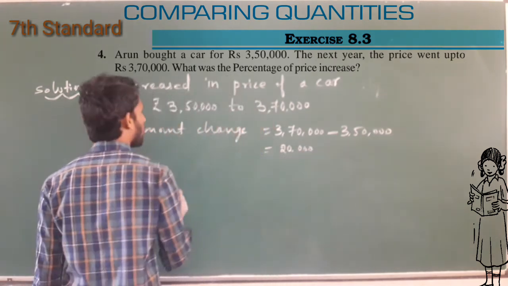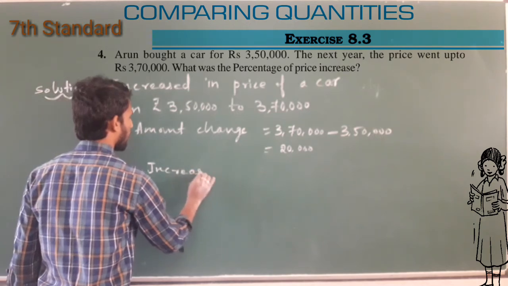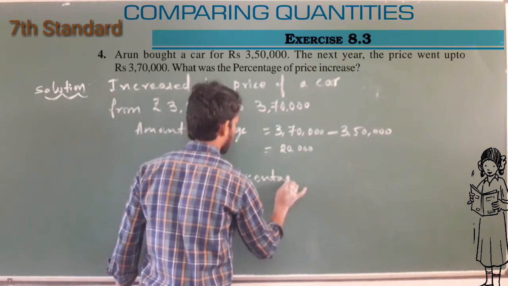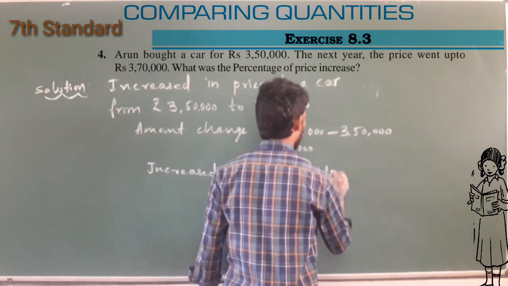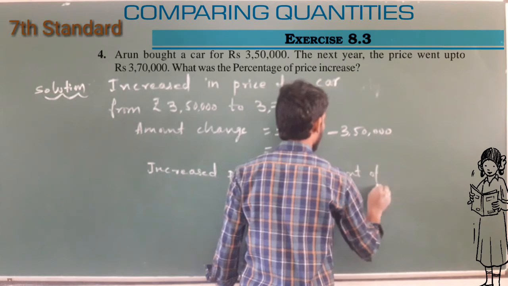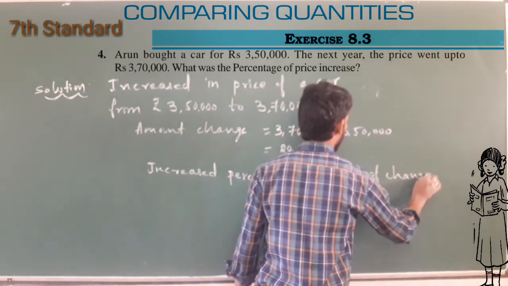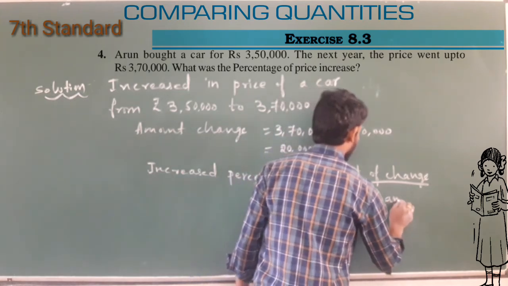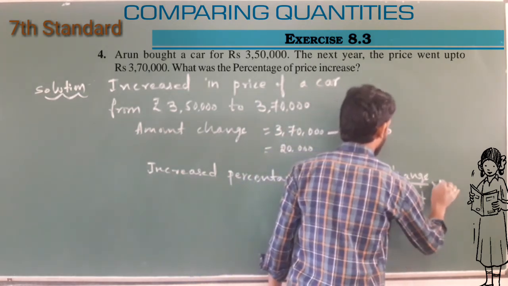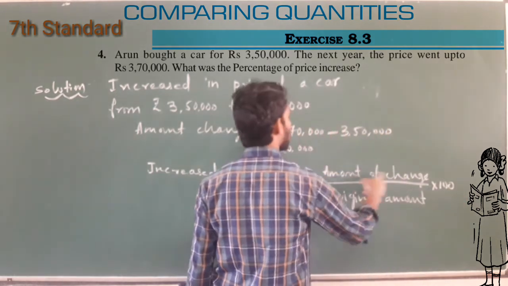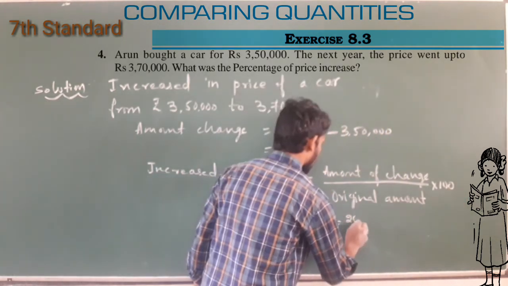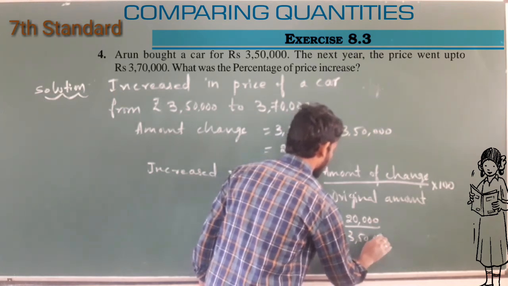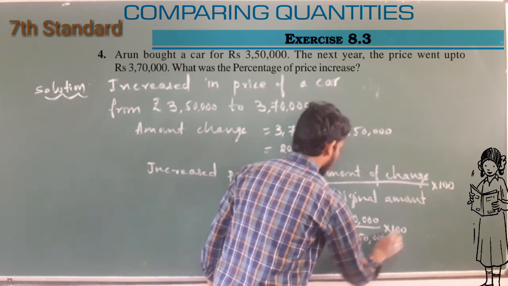Now we have to find the increased percentage. Amount of change by original amount into 100. Amount of change is 20,000 by 3 lakh 50,000 into 100.